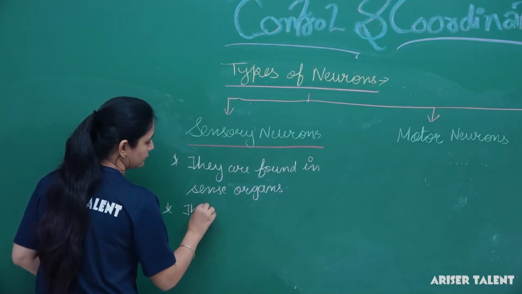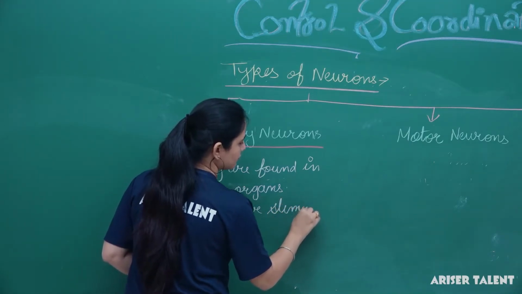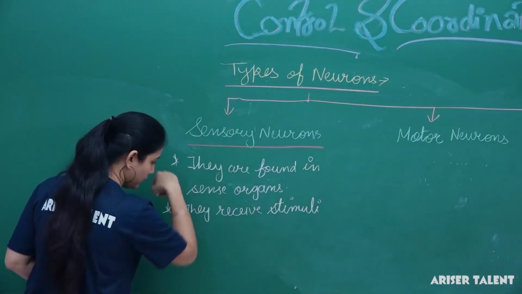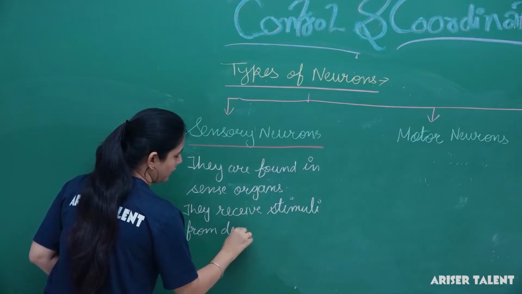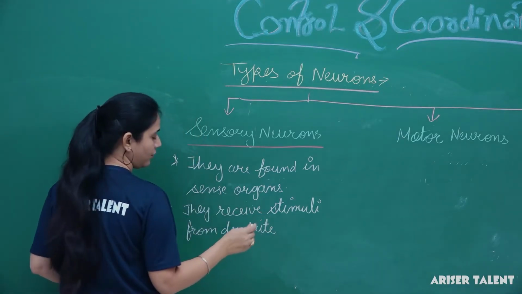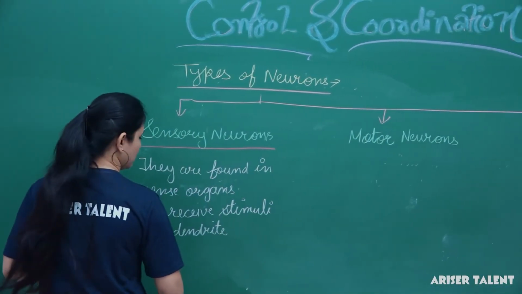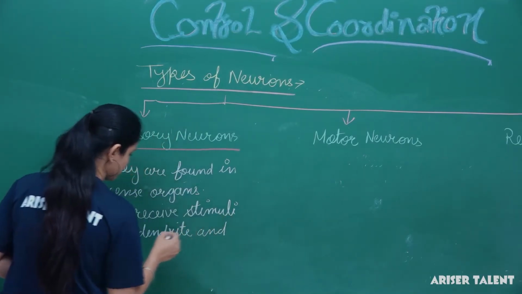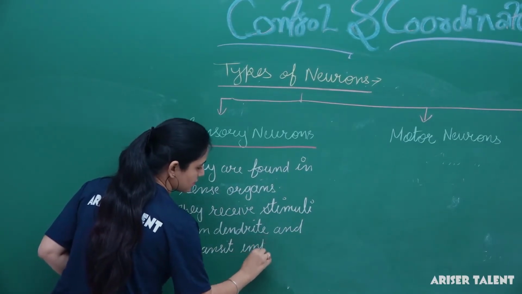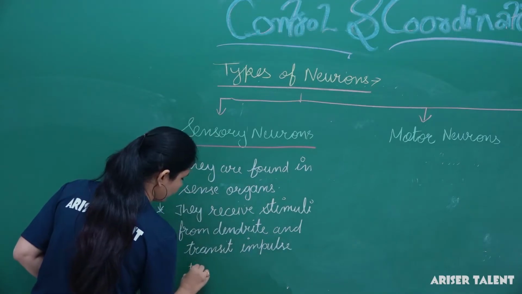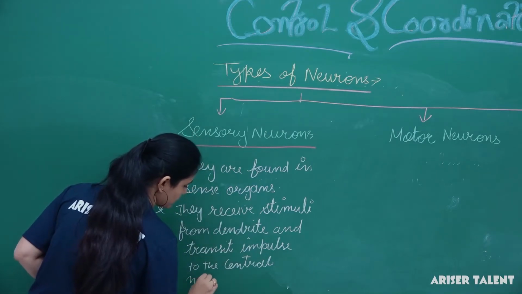They receive stimuli from dendrite. They receive stimuli in dendrite and transmit impulse to the central nervous system.